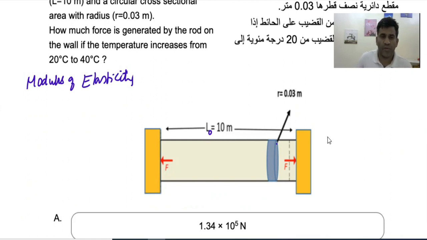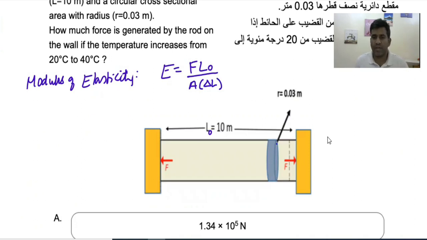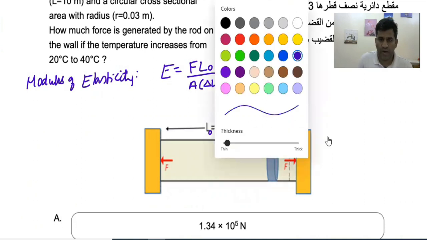Generally we represent modulus of elasticity with E. This elasticity formula will be equal to F times L naught, F being the force exerted times the original length of the rod, divided by A times delta L. Delta L represents the change in the length because of the increase in the temperature.